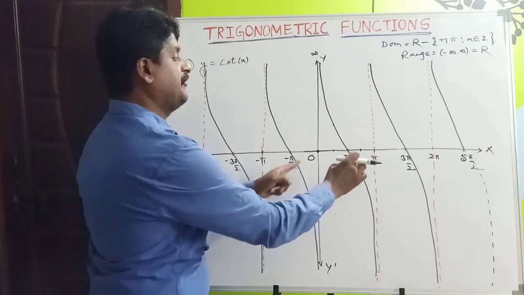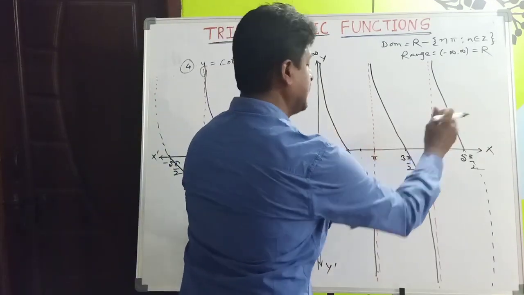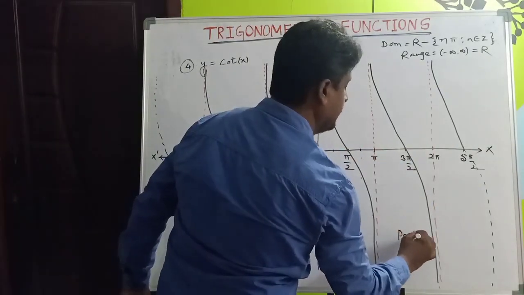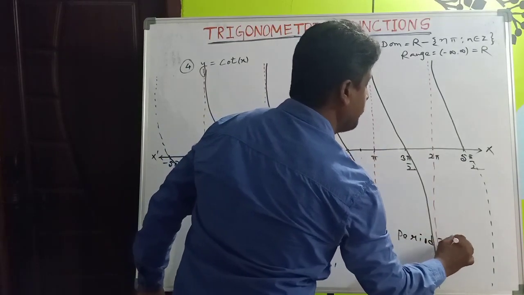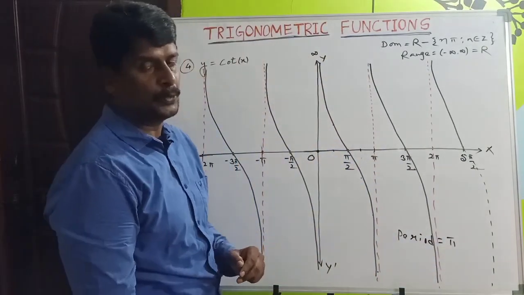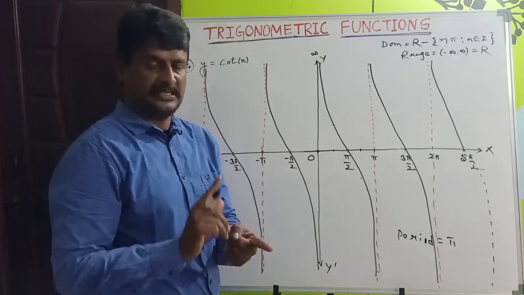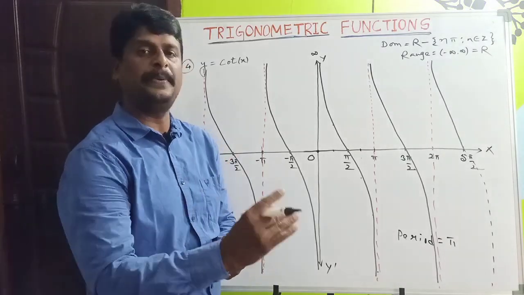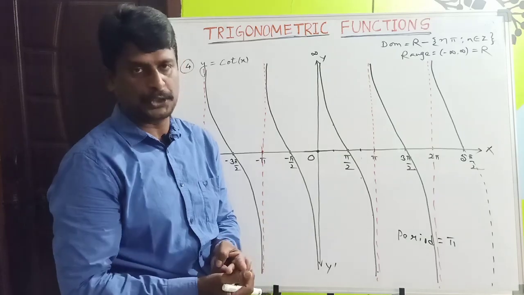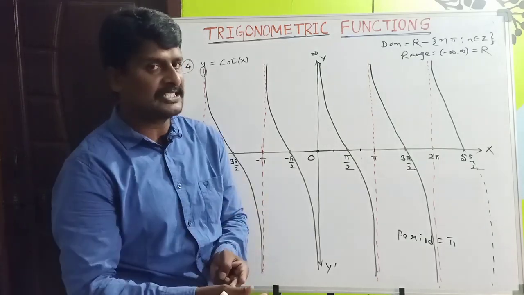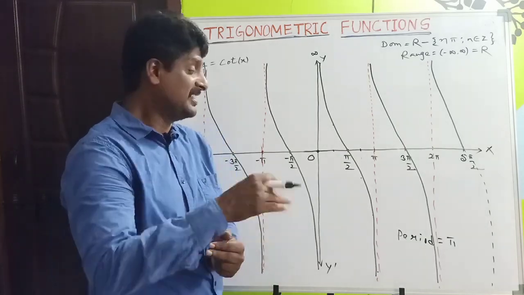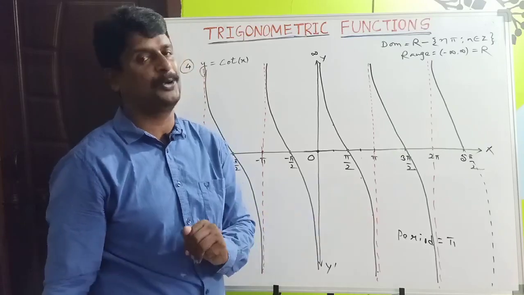For every interval of length pi, the graph is repeating. That's why its period is pi. Cot x is also a periodic function. Period is pi. So far, sin x, cos x both are periodic functions. Their period is 2 pi. Tan x, cot x both are periodic functions. Their period is pi only.